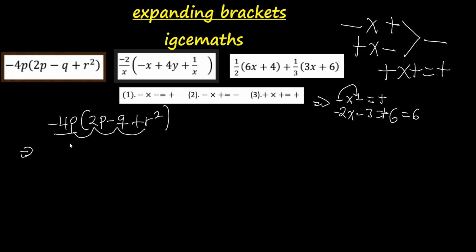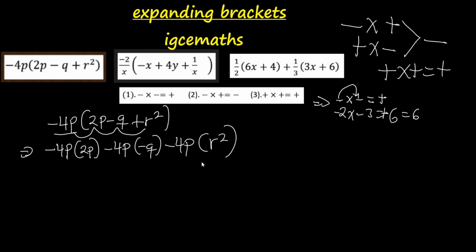Now, in order for you not to make a mistake, we can write it like this. Negative 4p is multiplying 2p, negative 4p is multiplying negative q, and negative 4p is multiplying r squared. Using these rules, a negative number multiplying a positive number, the resulting symbol will be negative.